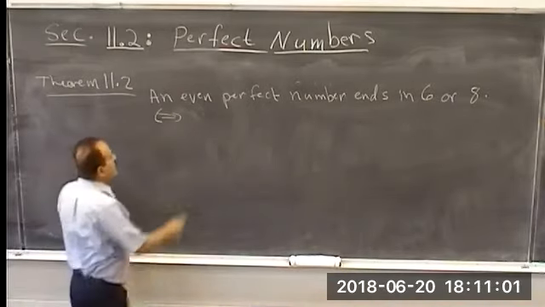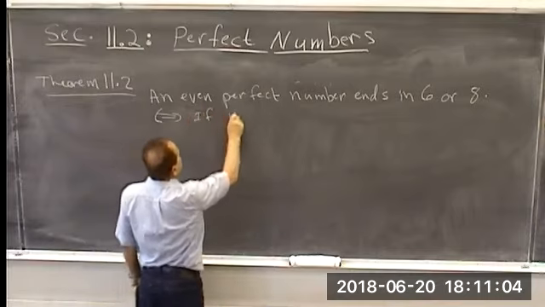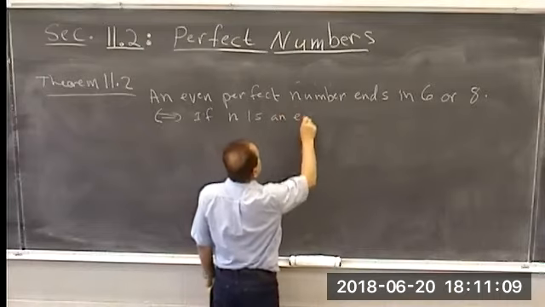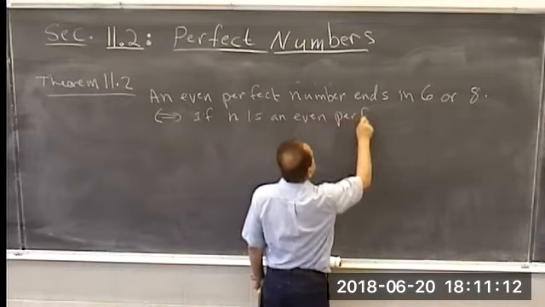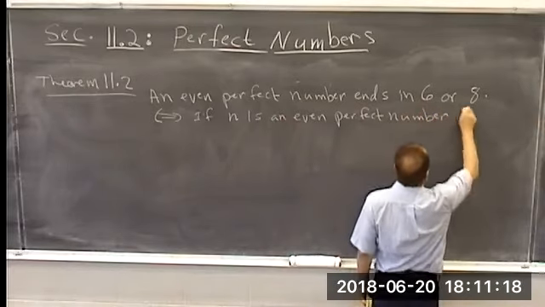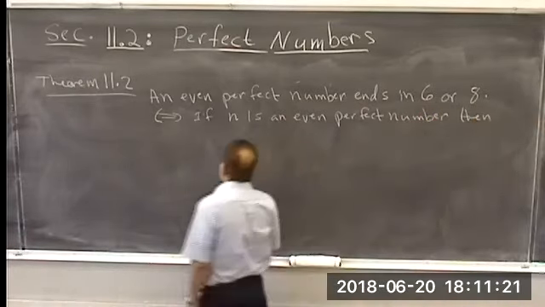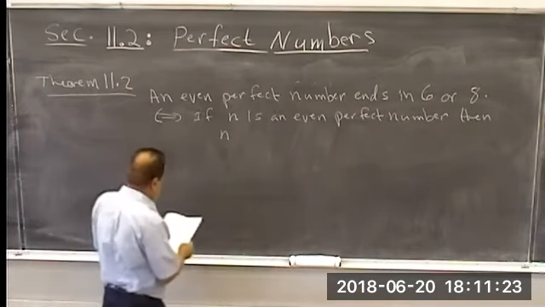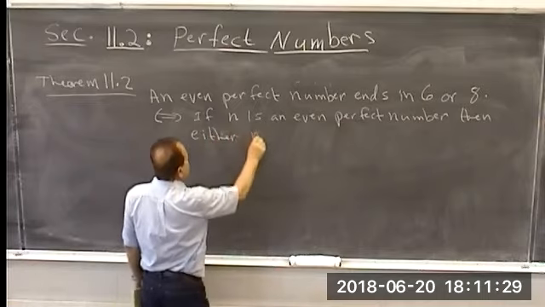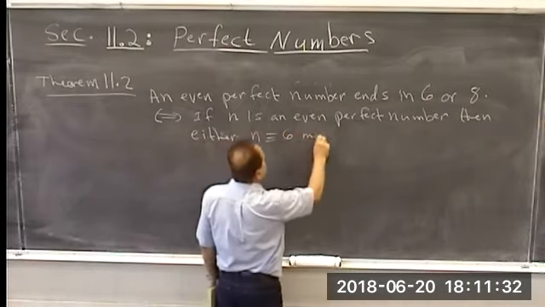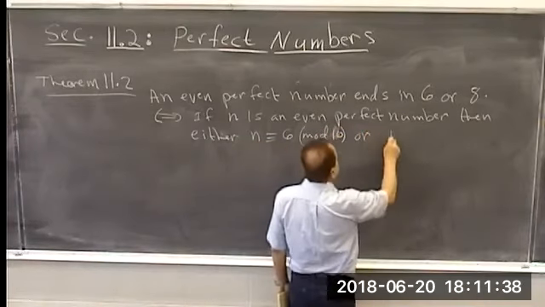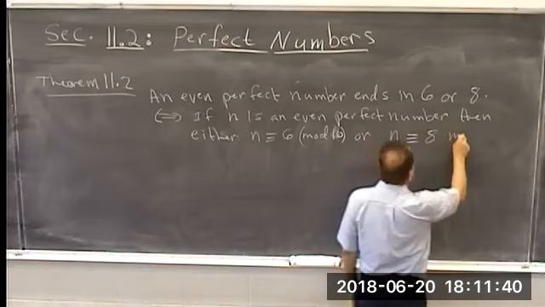Again, this is equivalent to saying that if n is an even perfect number, then n is congruent to 6 mod 10 or n is congruent to 8 mod 10.